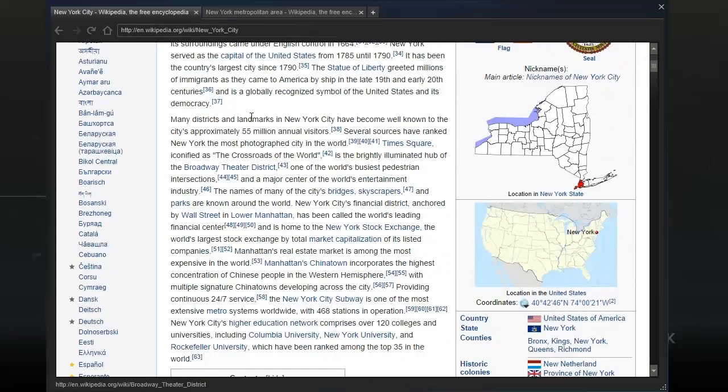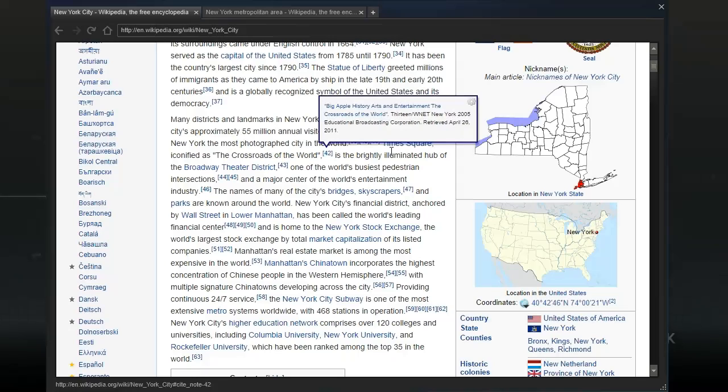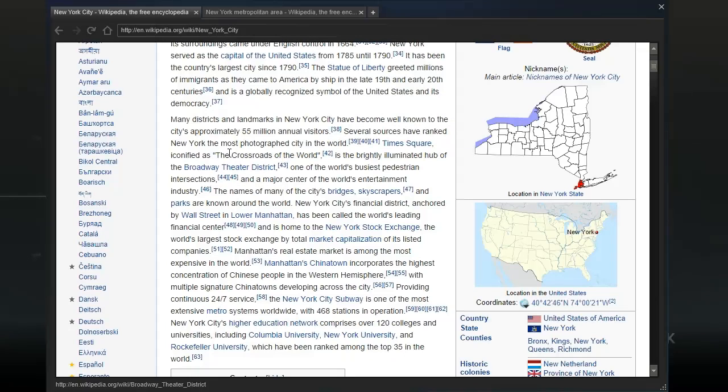Many districts and landmarks in New York City have become well known to the city's approximately 55 million annual visitors. Several sources have ranked New York the most photographed city in the world. Times Square, iconified as the crossroads of the world, is the brightly illuminated hub of the Broadway Theater District, one of the world's busiest pedestrian intersections, and a major center of the world's entertainment industry.